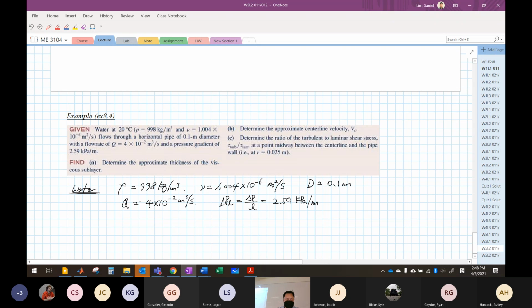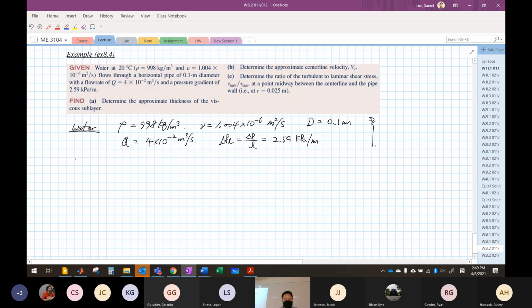Yeah, you can just collect the water out of the pipe, then measure it and check the time. That's what you're going to do in Lab 3, by the way. Then pressure drop. All right, I can put two pressure gauges at two locations, measure the pressure drop and divide by the length between the two points, right? So those values are pretty much readily measurable. You can easily measure these values in the experiment.